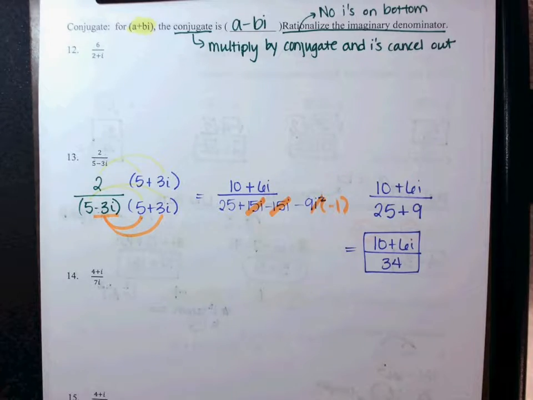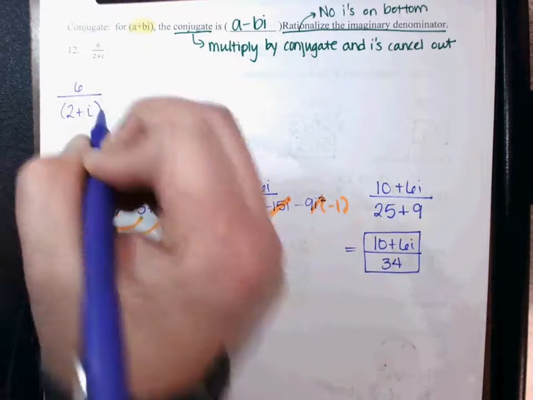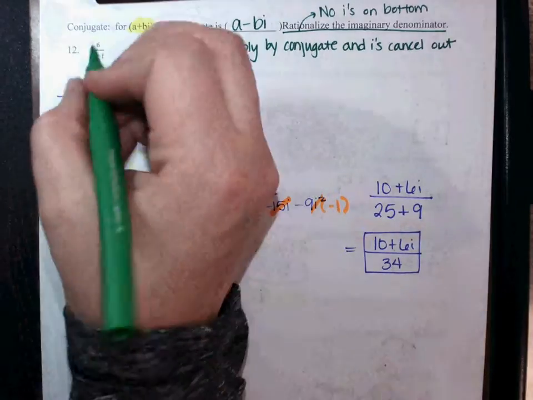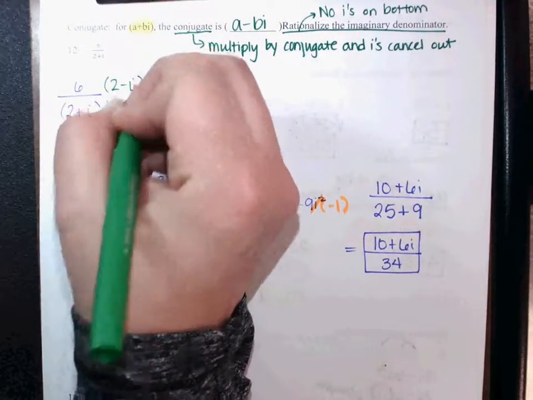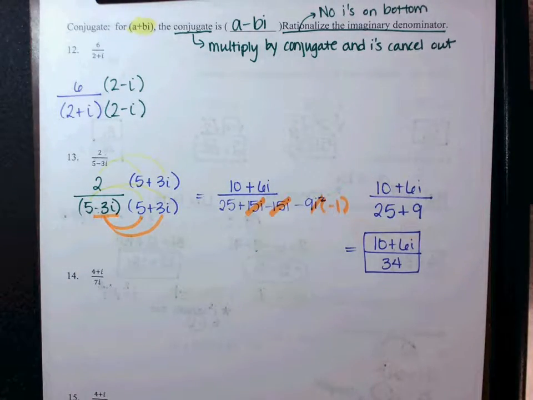Okay, let's do number 12 now. So I have 6 over 2 plus i. What is the conjugate of 2 plus i? 2 minus i. And remember, if I'm going to multiply by 2 minus i, I have to do it on both top and bottom. Okay, let's distribute the top. What is 6 times 2?